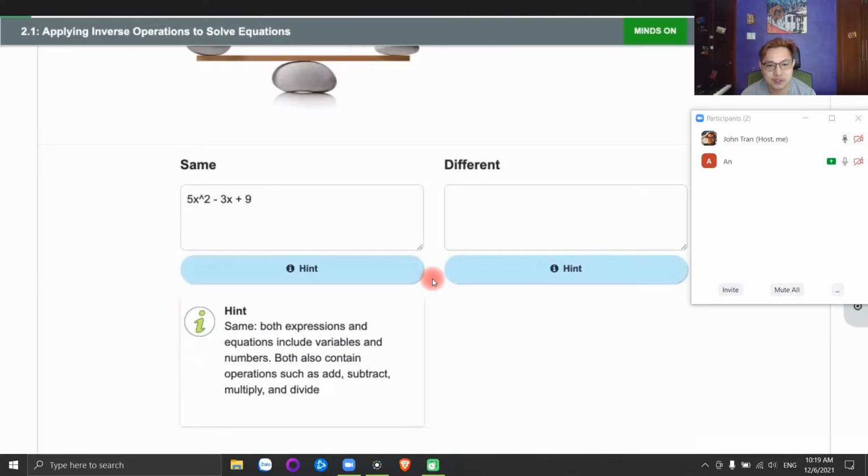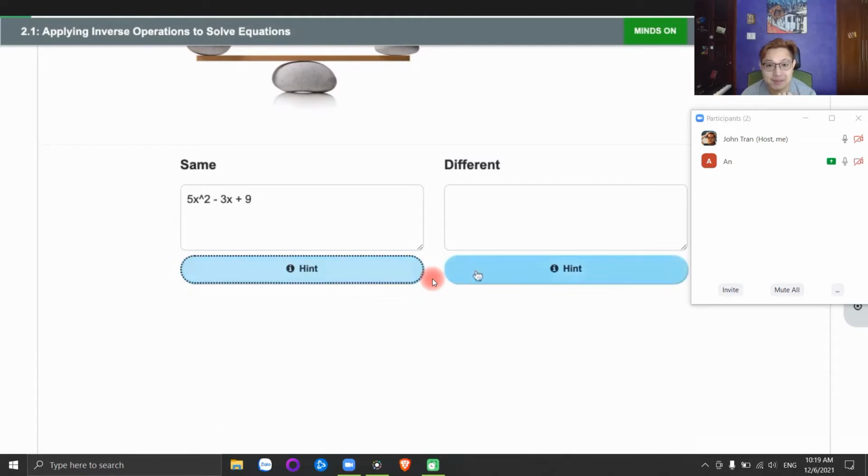They have operations such as addition, subtraction, multiplication, and division. All these four. They have variables and numbers. And then the difference, of course, is that one has an equal mark and one doesn't.